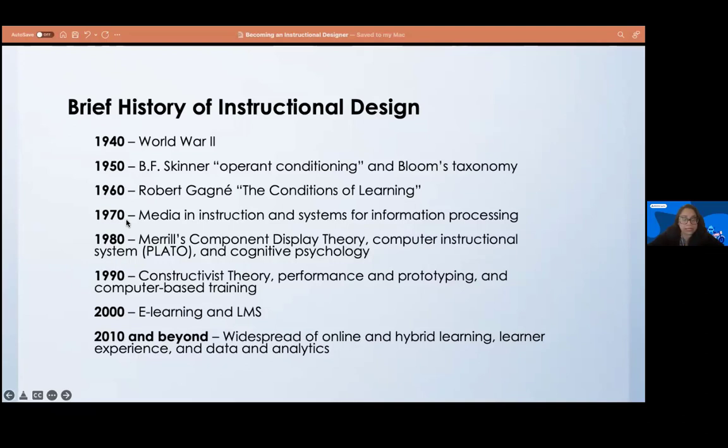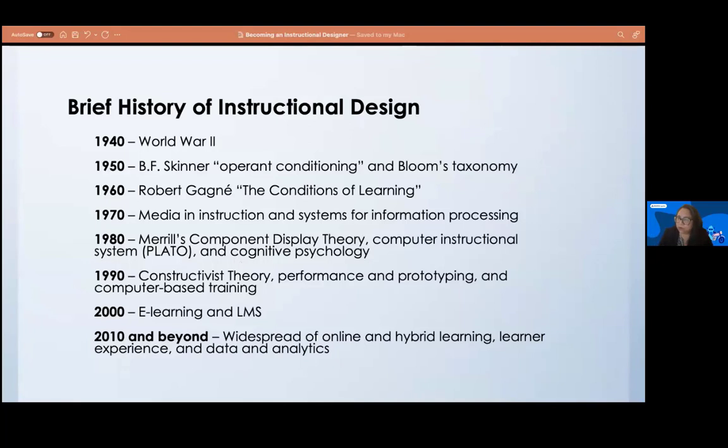Then in the 1970s is when media started to make its way into instruction, and the development of the system for information processing. In the 1980s, there were 3 major events that took place.